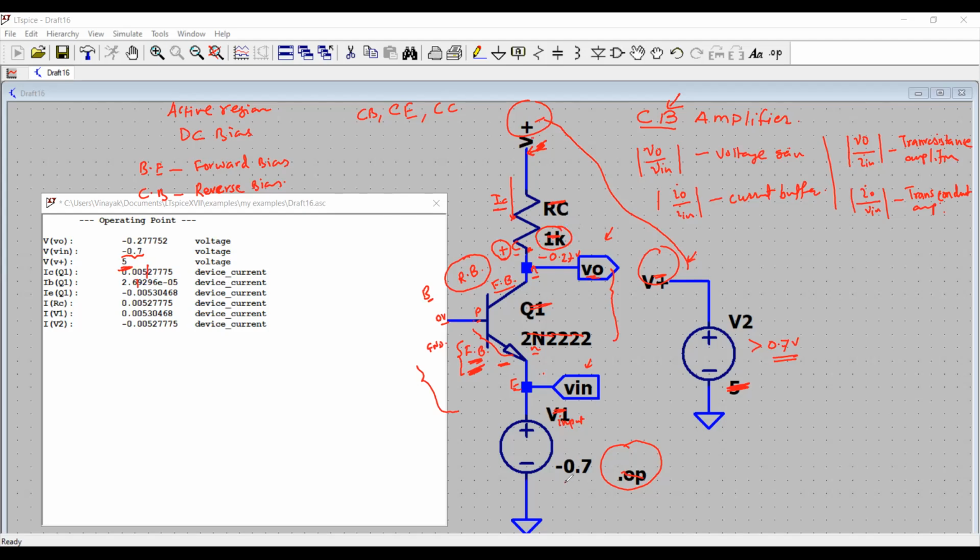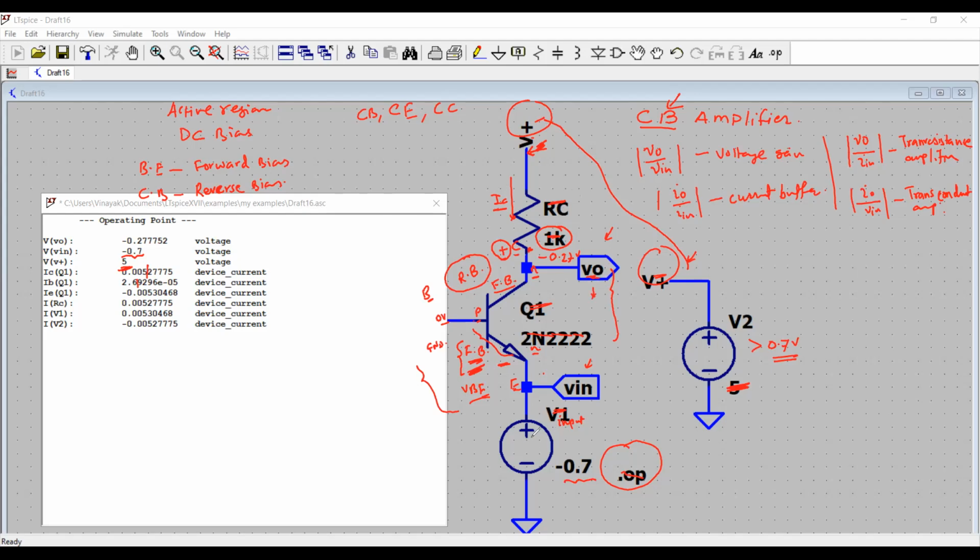What if I increase this voltage to, let's say, minus 1? It will increase my input base emitter junction voltage, VBE, making it more forward biased, making IB increase, making IC increase, and subsequently the output will again go down.